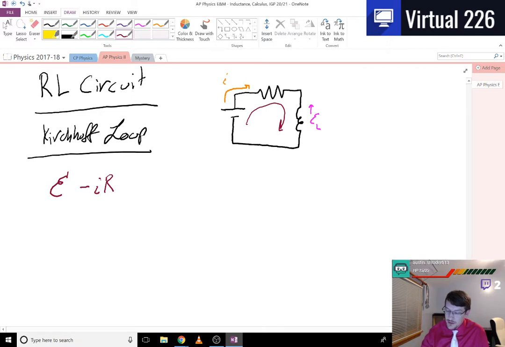we know that this inductor is going to have an EMF given by L dI/dt. And if we remember, this was technically in the equation as a negative value. Well, the negative value we've already used.